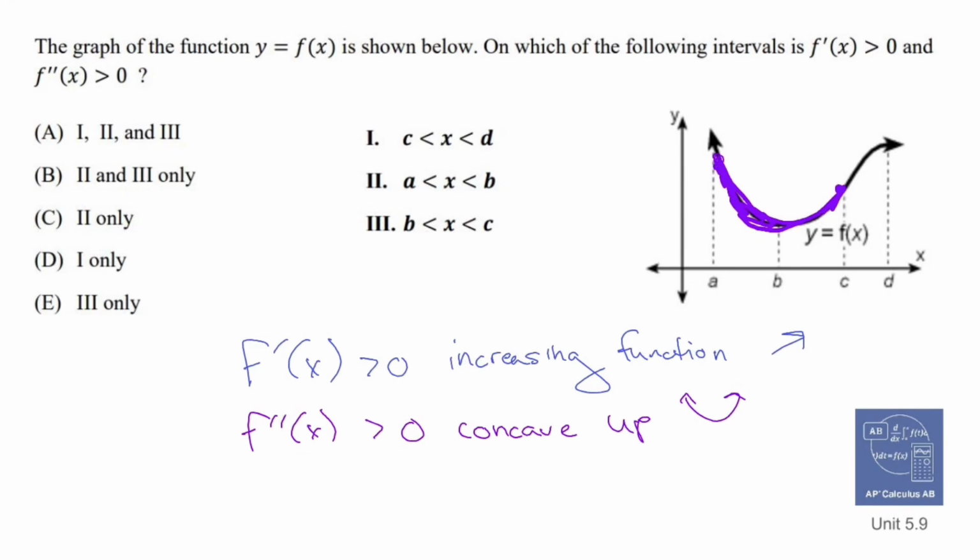And while that's concave up, it's also increasing between just B and C, right? So where that's happening with both is going to be in between, but not including B and C. So ignore the brackets here. We'll quickly turn them into parentheses so no one screams at me in the comments, which no one really does anyway. They just gently tell me where I went wrong. So only between B and C.